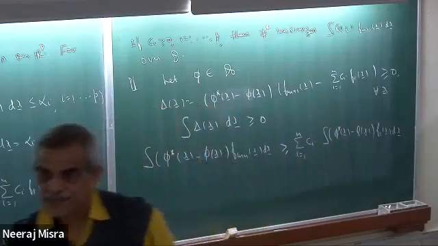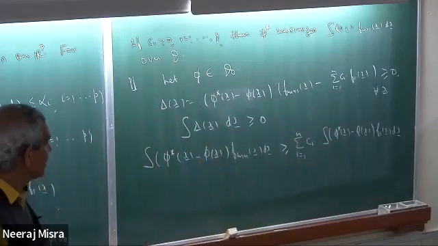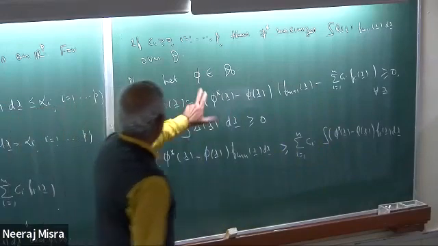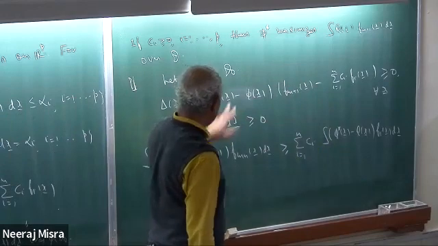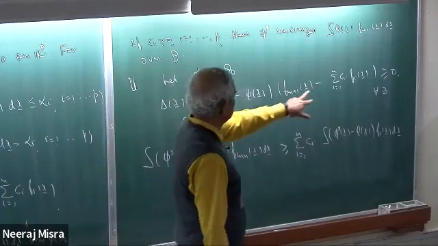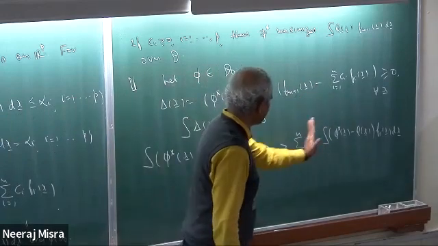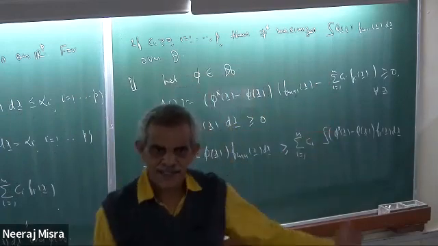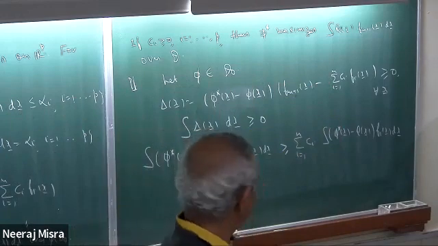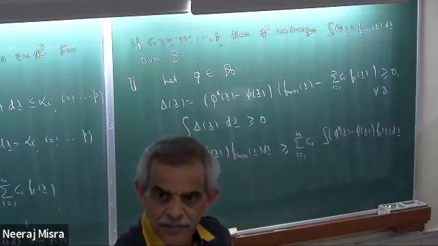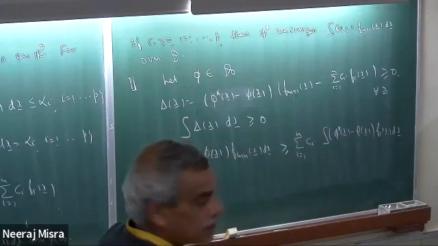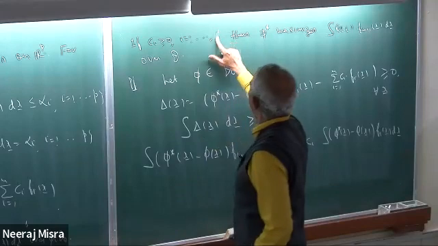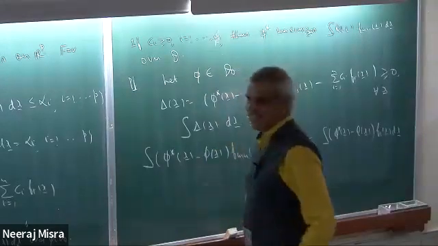Is that okay? Because this integral is non-negative, so I combine one part with f_{m+1}, which is this quantity minus that, greater than or equal to 0, and I take the other outside. The c_i's are constants, they come outside the integral, and you get this. Is that okay?